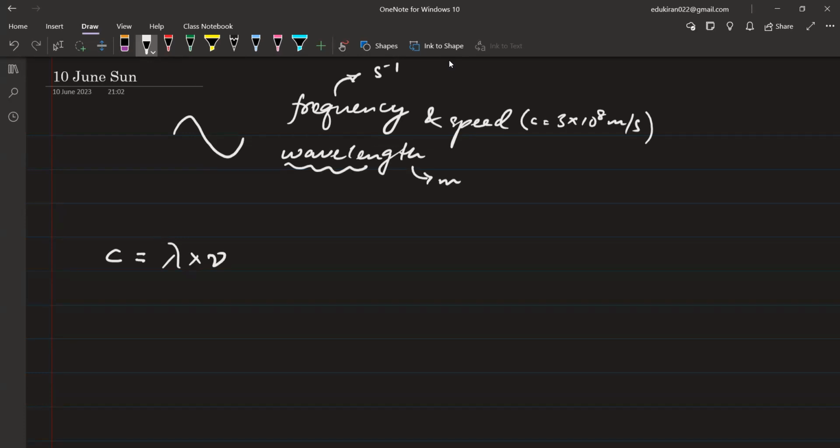So frequency will be equal to c by lambda. This is for frequency, which will be in hertz and per second and so on. This is speed of light, 3 into 10 to the power 8. This is lambda for wavelength.